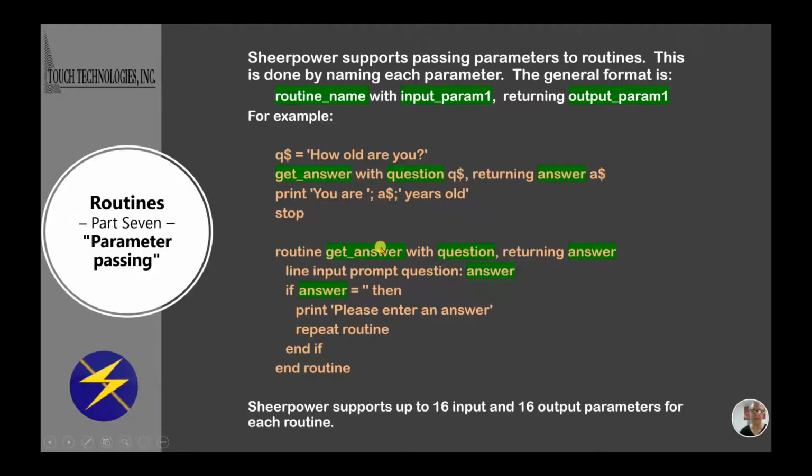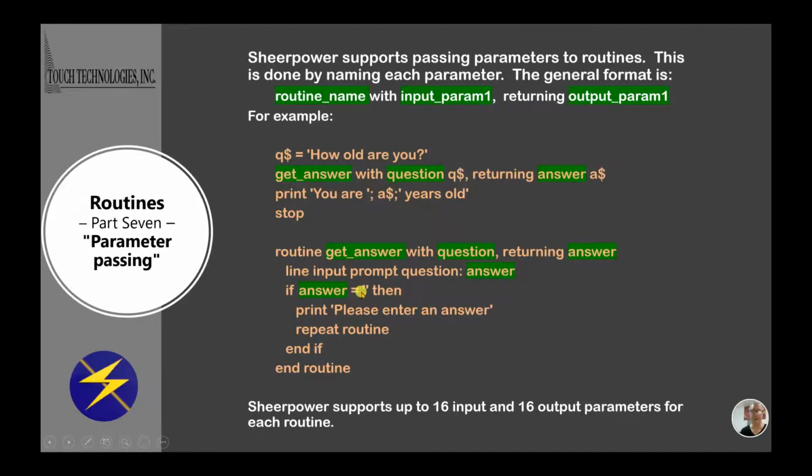Routine, getAnswer. Okay, name of the routine, pretty simple. See, it matches here. With question, right, which is here. Returning answer, which is here. The way this routine works is that it gets a line of input asking for an answer.